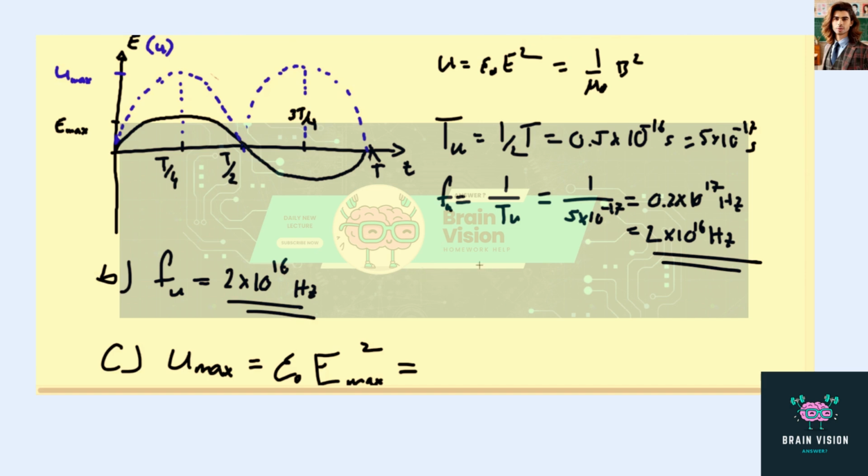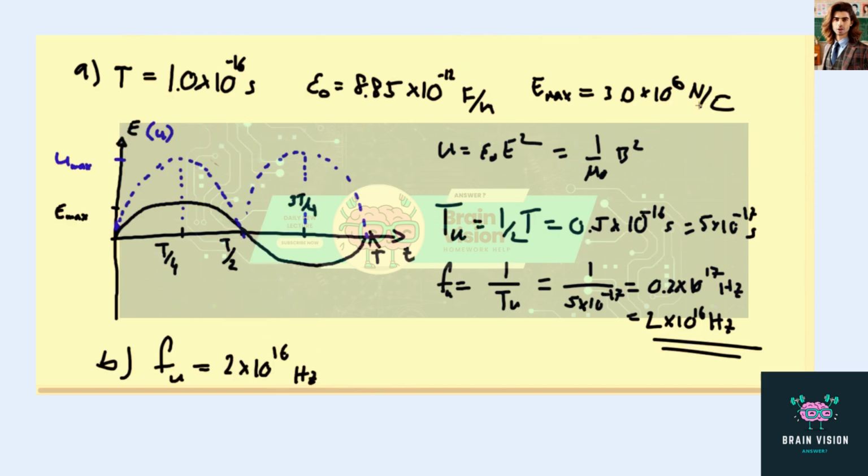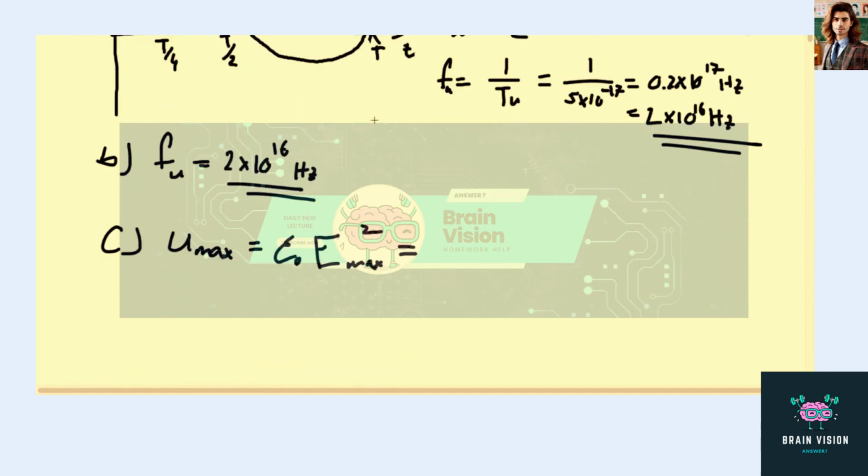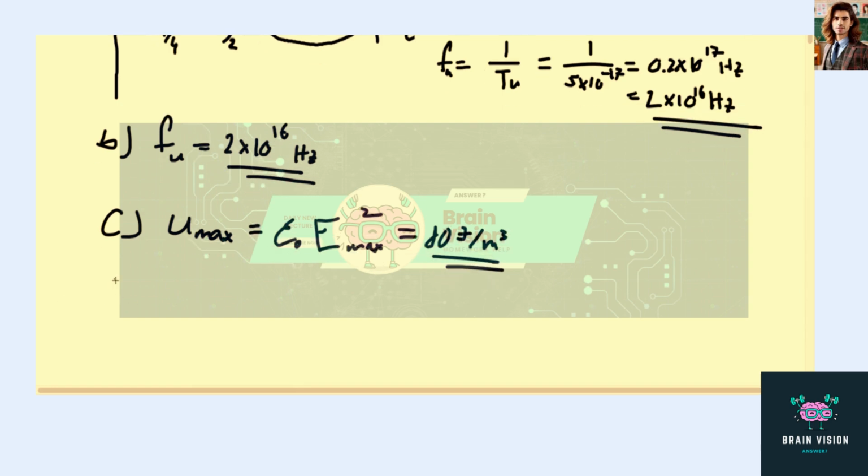If you use 3 times 10 to the 6 newtons per coulomb for E max and 8.85 times 10 to the minus 12 per meter for epsilon 0, this works out to roughly 80 joules per meter cubed. So that's the maximum energy density.